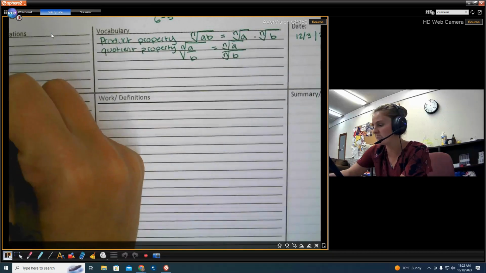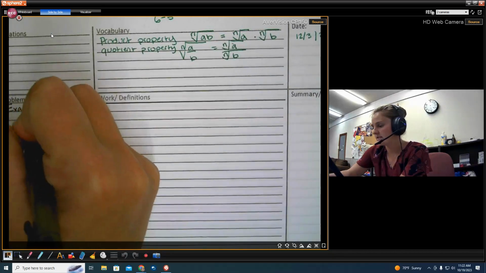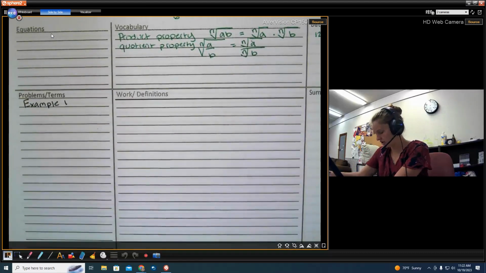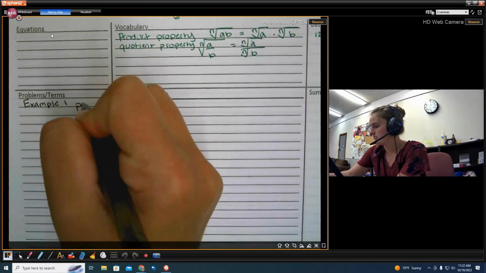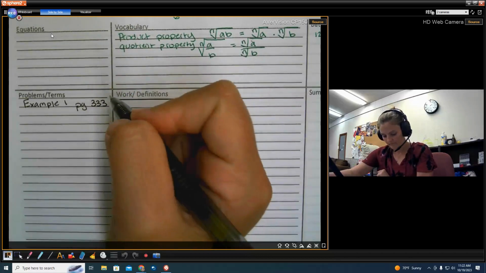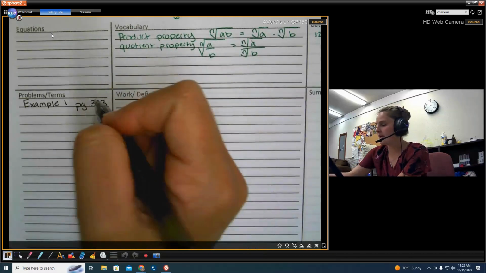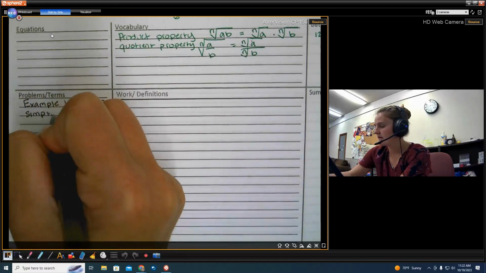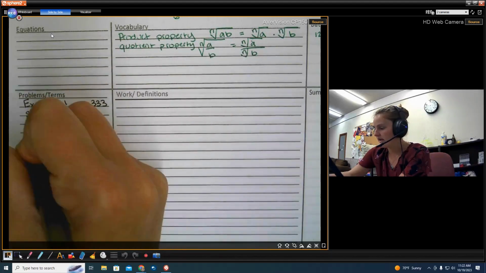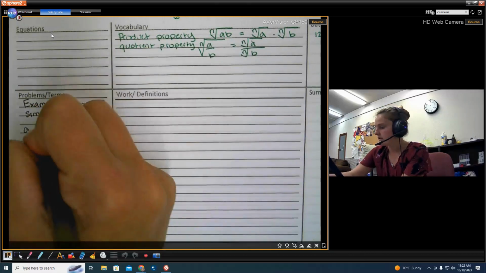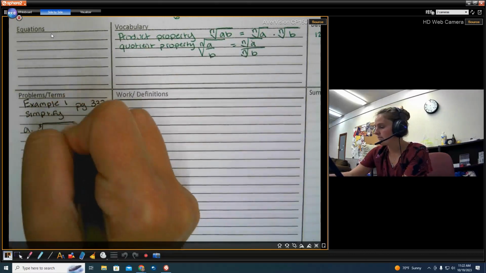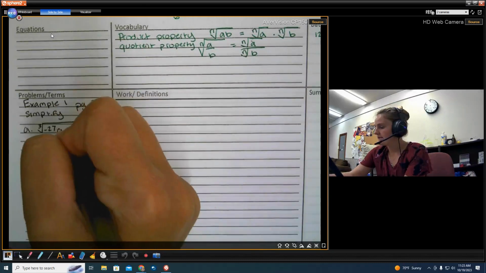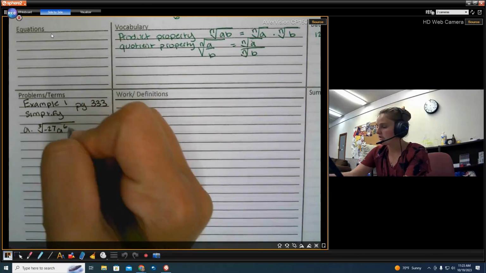So remember, we always write in black. The example 1, and this is on page 333. Okay, and it says simplify, and A is the cube root of negative 27, a to the 6th, b to the 14th.